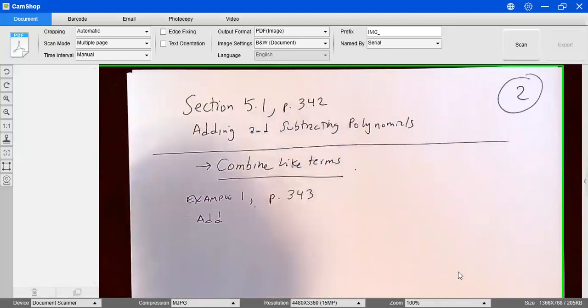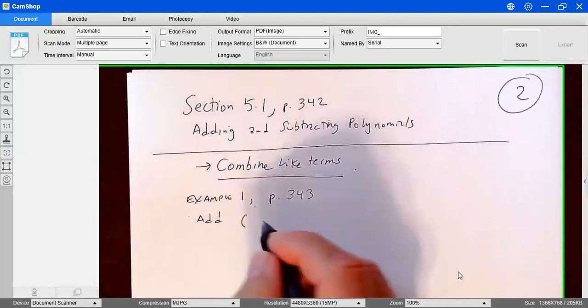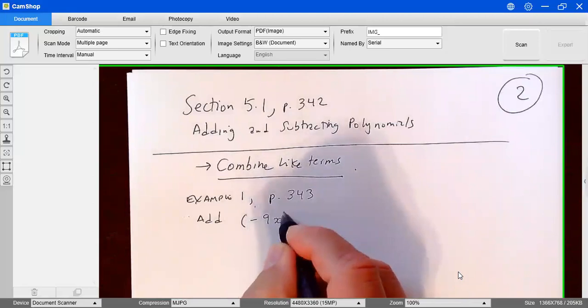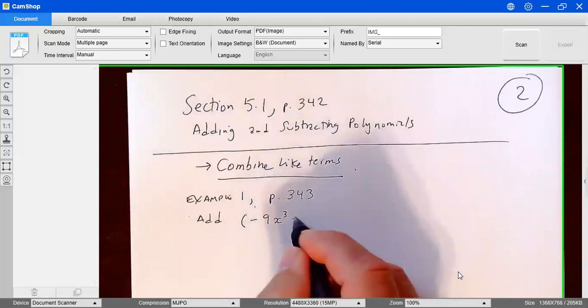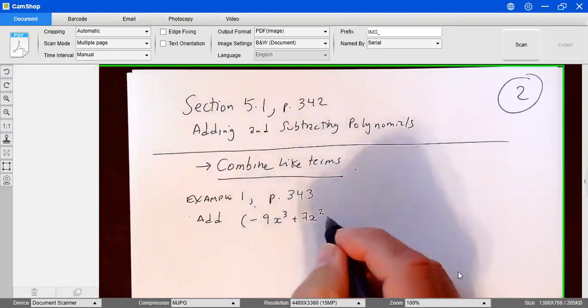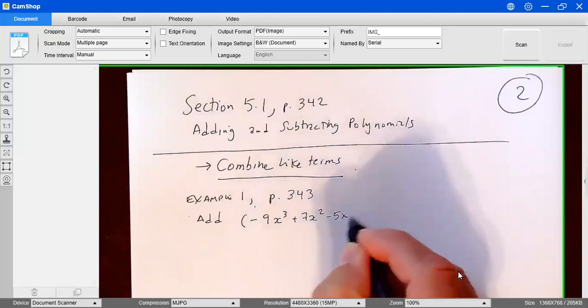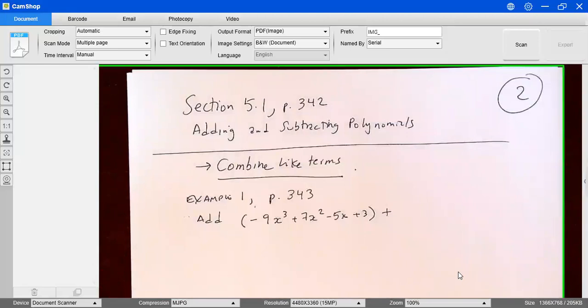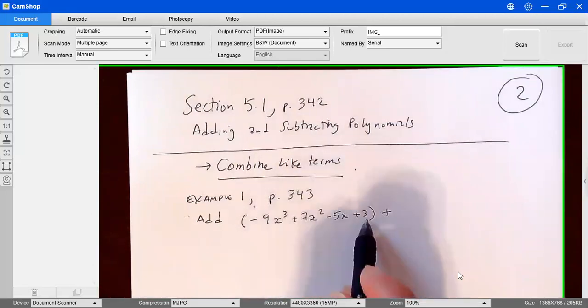and they are going to enclose every polynomial in parentheses just to distinguish one polynomial from the other. So I have negative 9x cubed plus 7x squared minus 5x plus 3. Then we close the first parenthesis, indicating that this is my first polynomial.